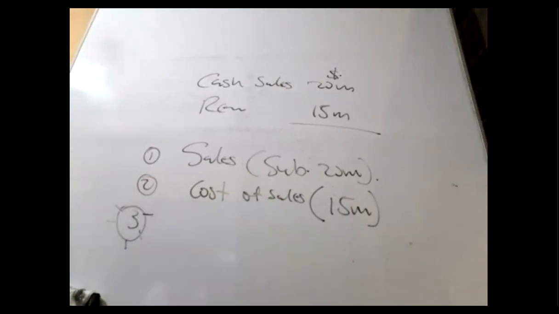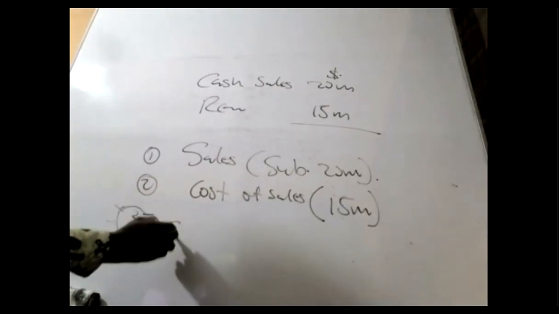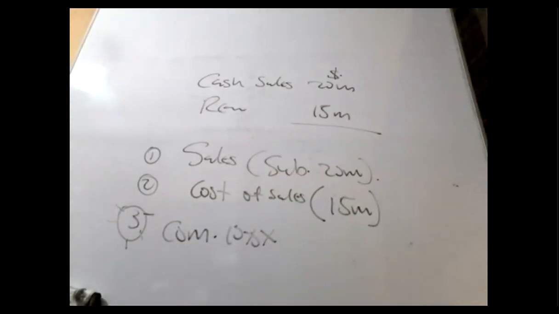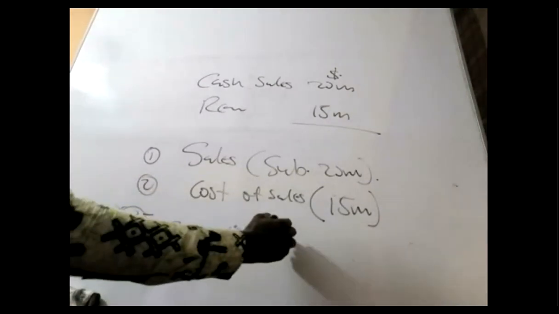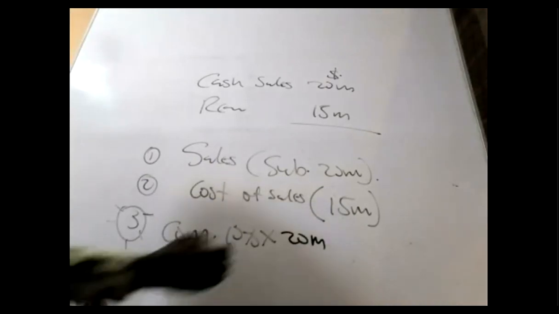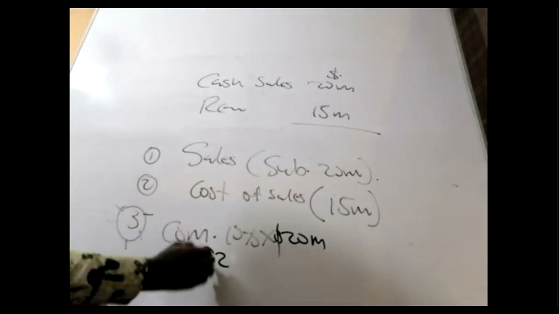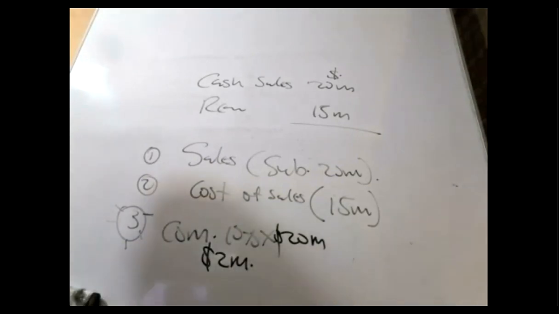So let's calculate the commission. The commission will be 10% times the 20 million. So let's assume $20 million, and that will be $2 million. Okay.